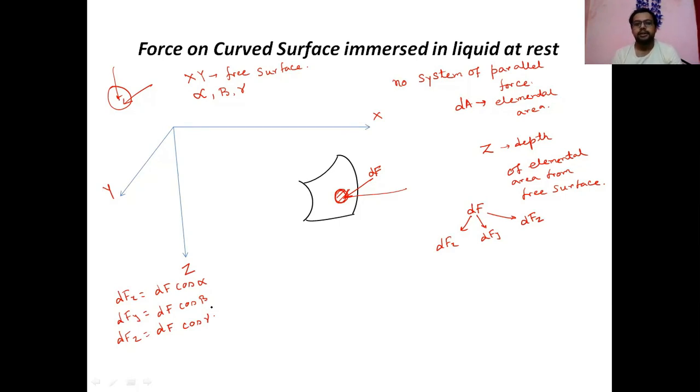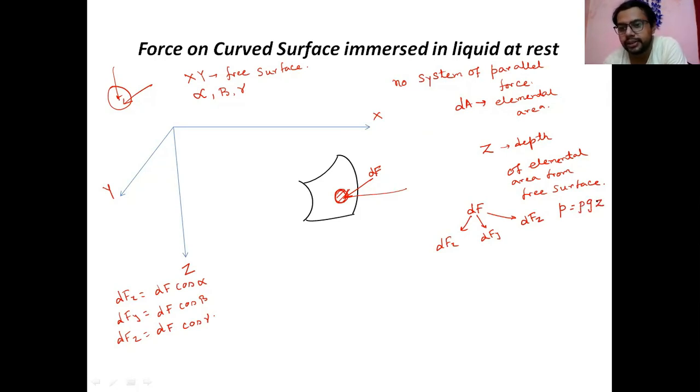Now let us say at location z, some pressure is acting over it. Because z is the depth here, what is the pressure acting over the elemental area? The gauge pressure is P equal to rho g z, no doubt about it.